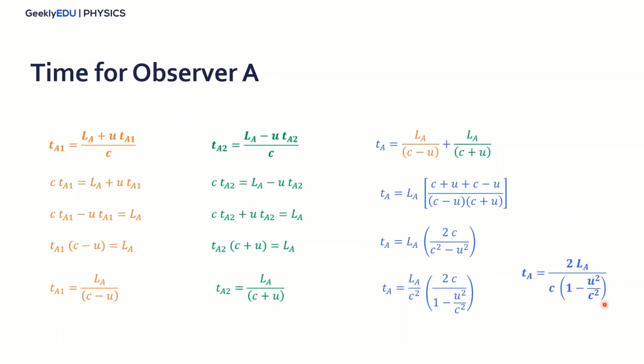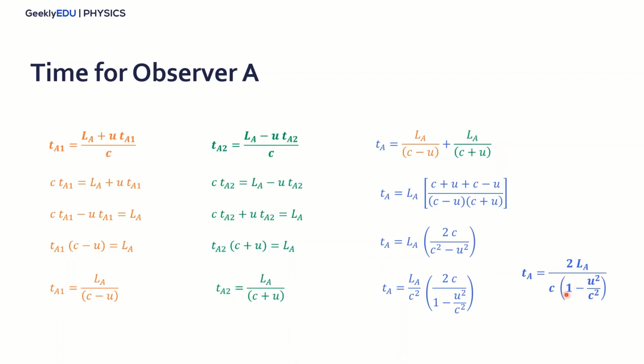I'm going to tell you later, but if you watched our previous videos on special relativity, you may recognize this small part of the equation here, okay? But you can see that now the time for B is different from the time for A, right? The only difference is this factor here related to the time, okay?